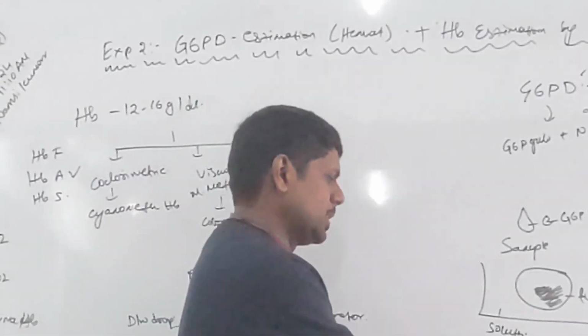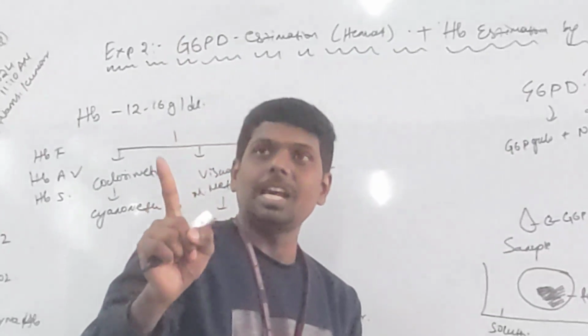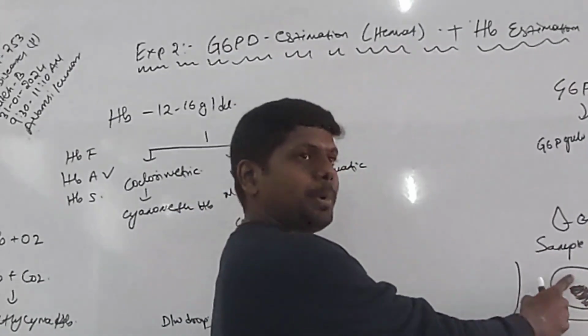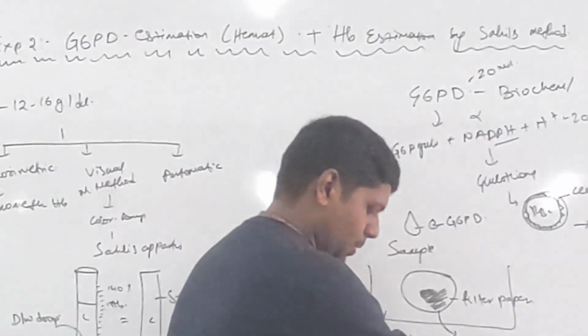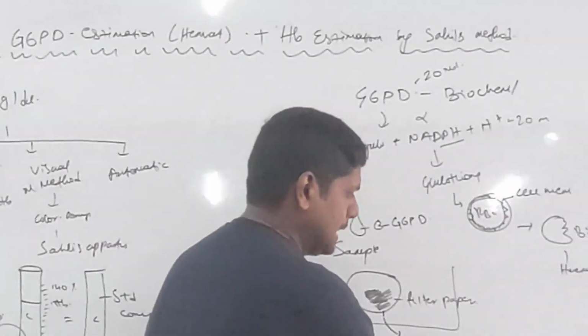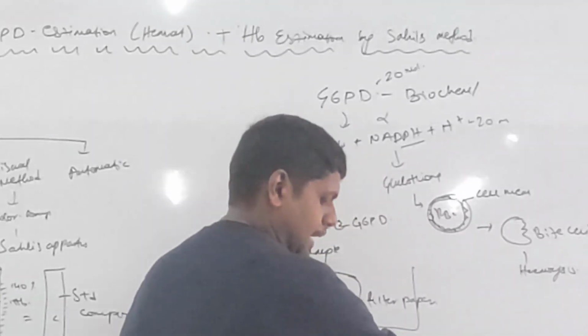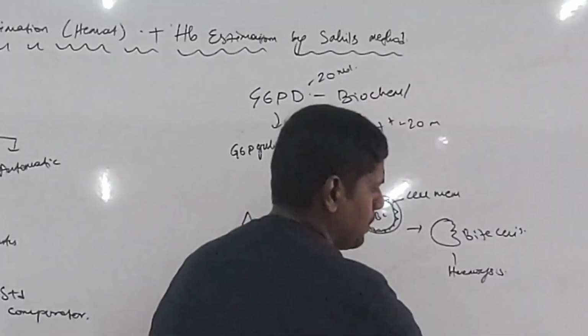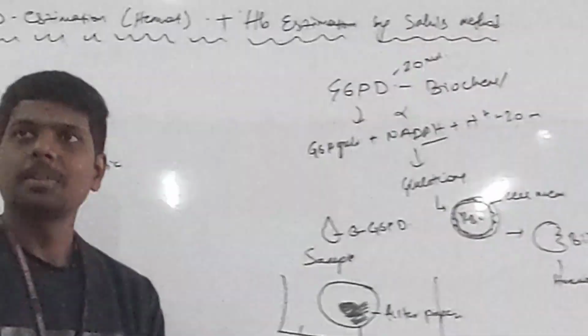I added glucose 6-phosphate and NADP in the solution. When there is enzyme in the patient sample, this enzyme must convert glucose 6-phosphate and NADP into gluconate, an acid form, plus NADPH plus H plus. I am detecting this one.